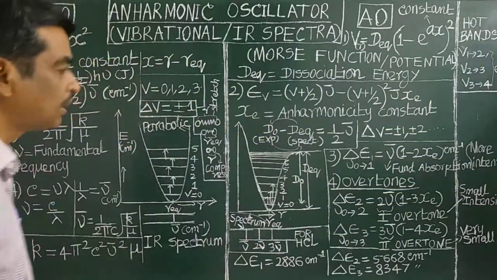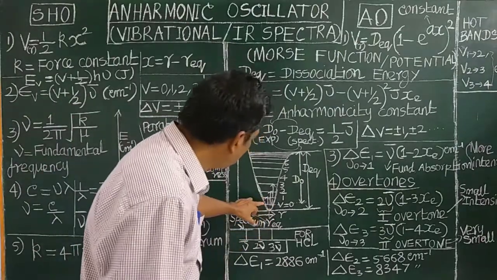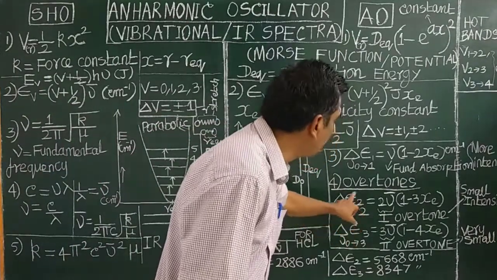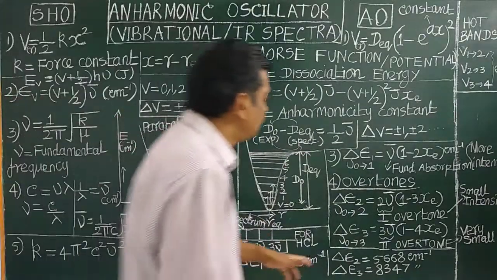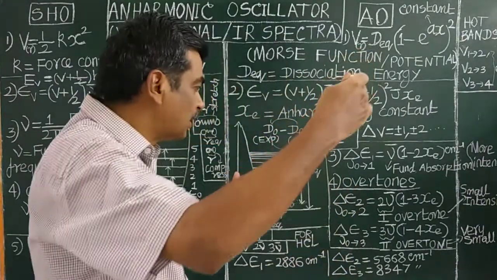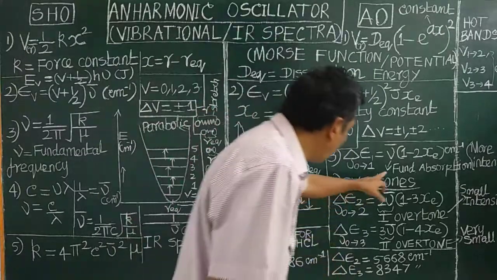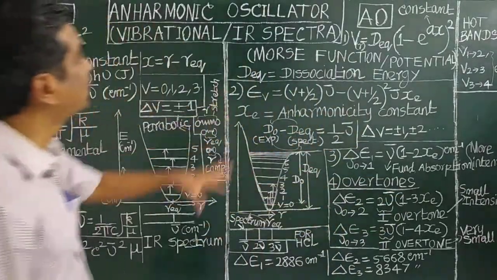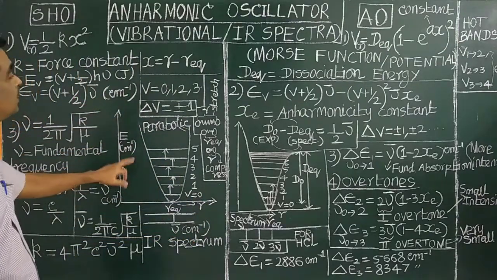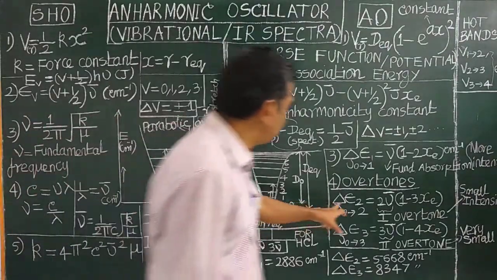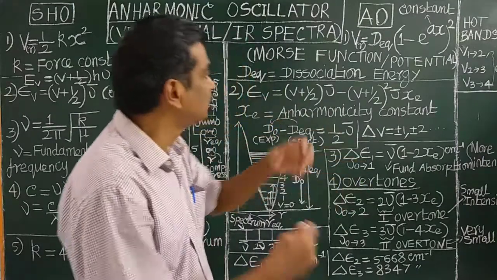They will ask this sometimes. Now 0 to 2: these are called overtones. There is overstepping; you go two steps ahead. This is not possible for a simple harmonic oscillator, but overtones are possible in the case of the anharmonic oscillator because of inelastic vibration.